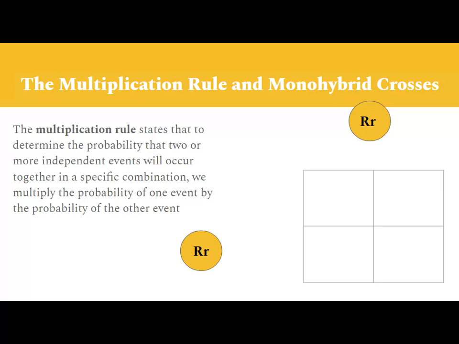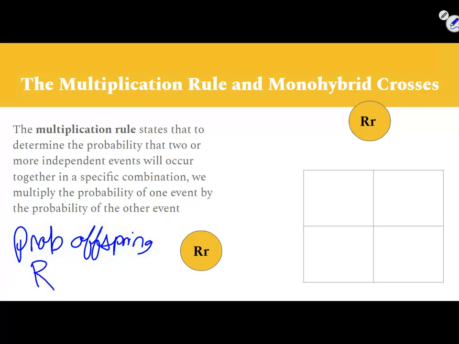So if we want to know the probability that an offspring is, we'll say, big R, big R. We want to know the likelihood that we are going to have two dominant alleles in an offspring, right?